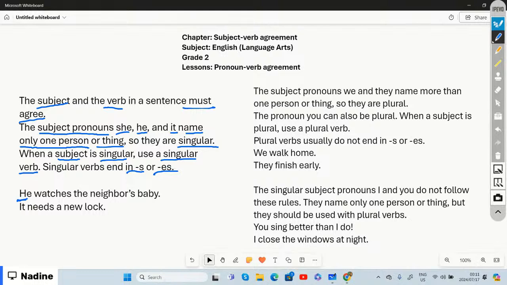So we say he. So now we need to look at the verb because the subject is he, and now the verb is watches. And we said the verb either ends in s or es. Like over here, it ends in es. So he watches the neighbor's baby.